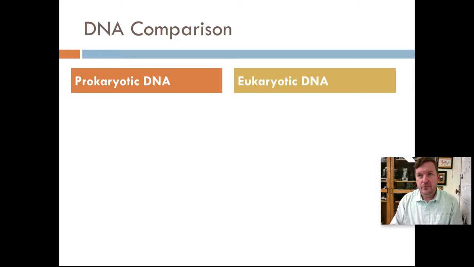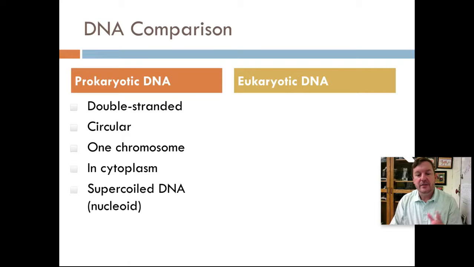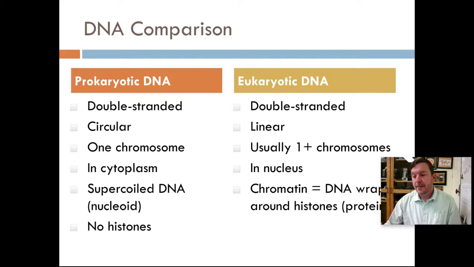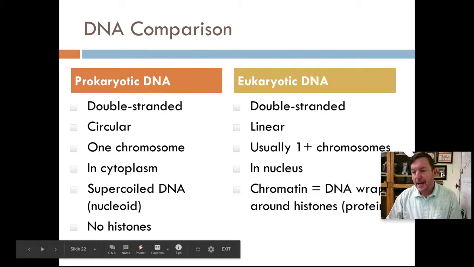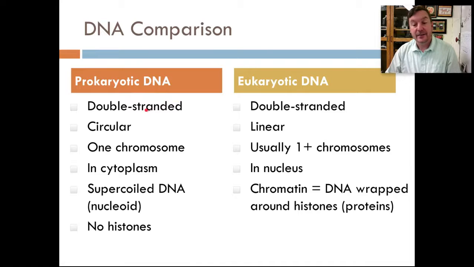So to compare prokaryotic and eukaryotic DNA, we need to look at a couple of things. There are some similarities, there are some differences, okay? When we're looking at prokaryotic DNA, yes, it's still double-stranded, all DNA is. It is a circular molecule, unlike eukaryotic DNA, which is linear.